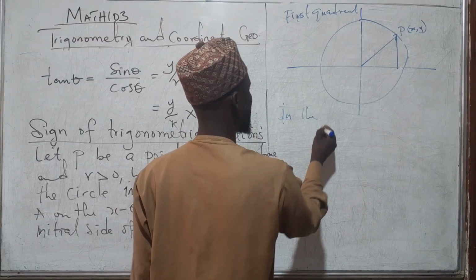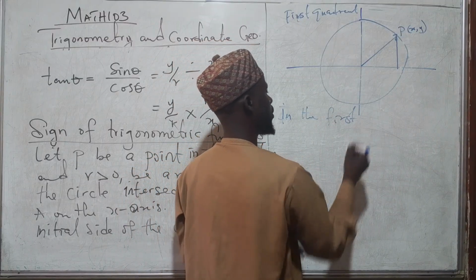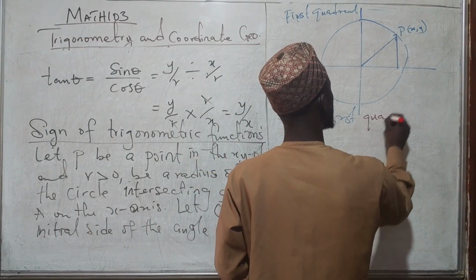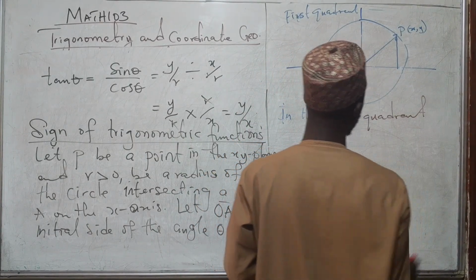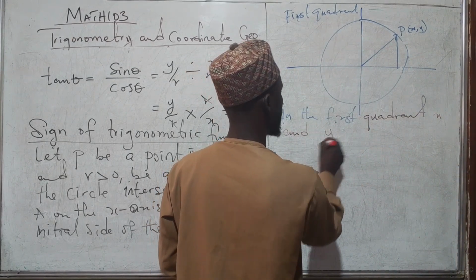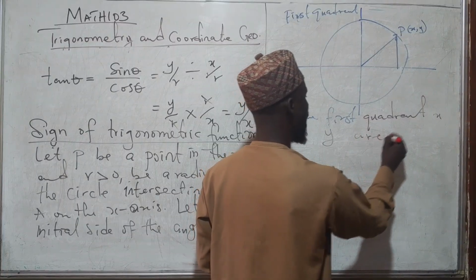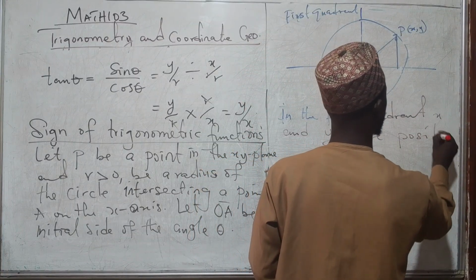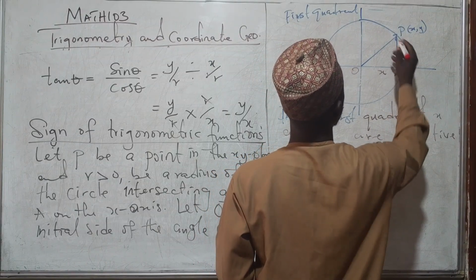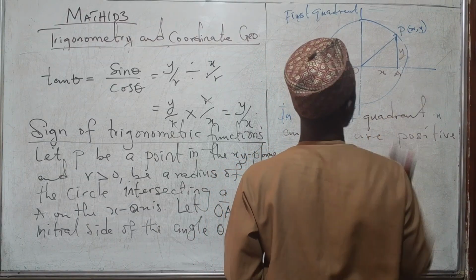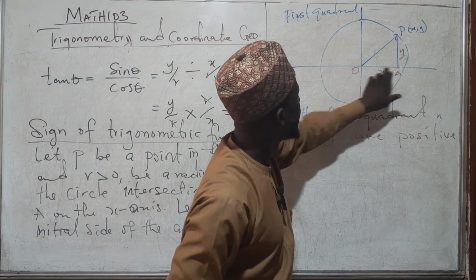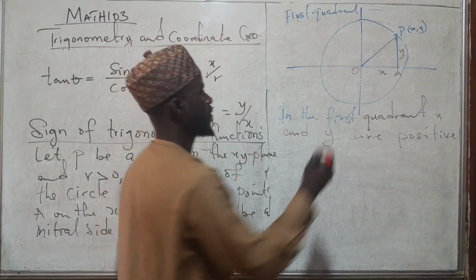So in the first quadrant, the x and y axis values are all positive, because here is X and here is Y. So the line AP is positive and the line OA is also positive.